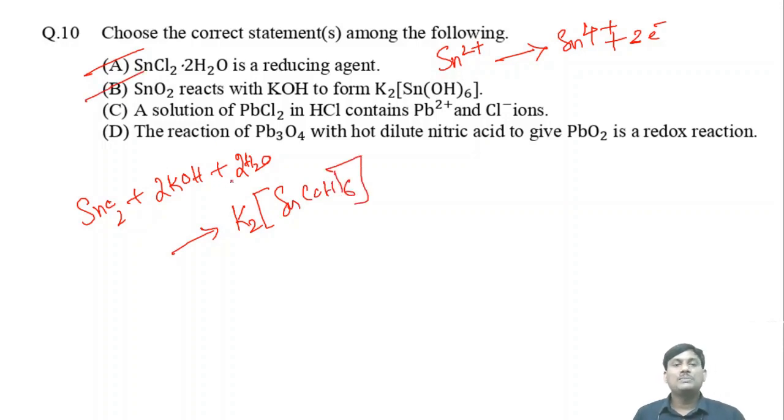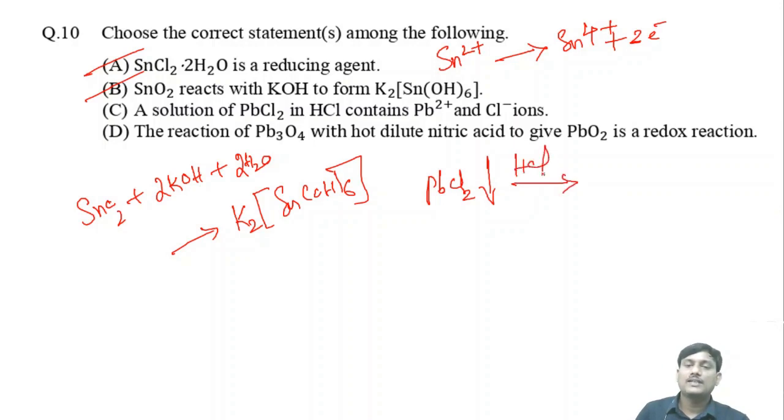A solution of PbCl2 in HCl contains Pb2+ and Cl- ions. We know that lead chloride is a white precipitate. So when you add an excess amount of HCl to the lead chloride, the white precipitate will be dissolved, meaning there is a clear solution you can get. What is the reason? Here there is a formation of HPbCl3 and also H2PbCl4.